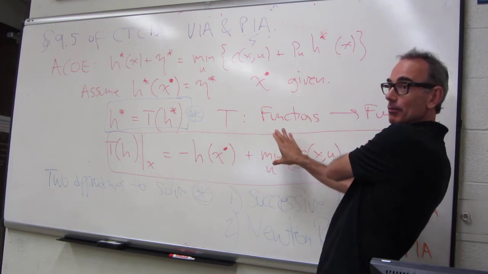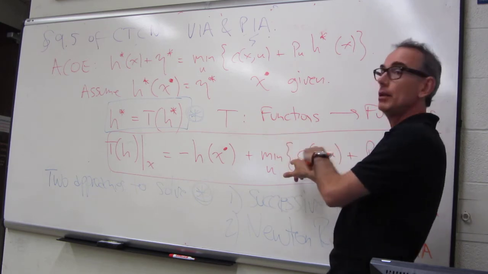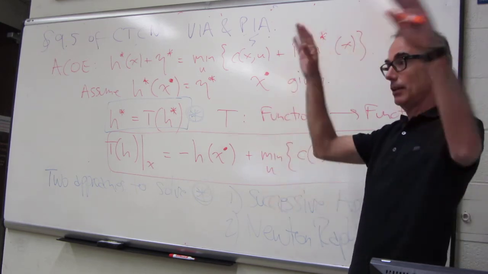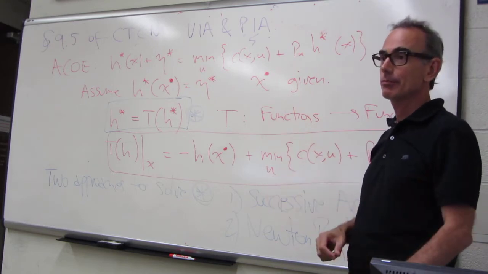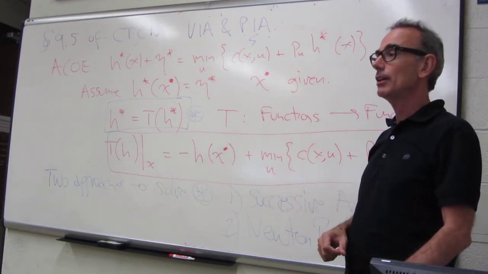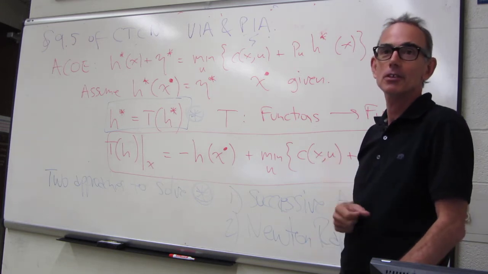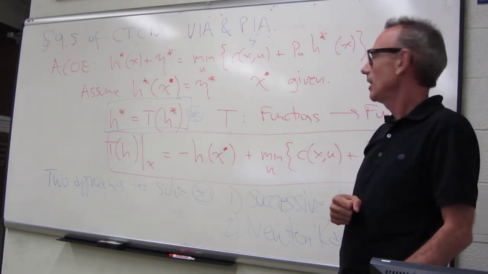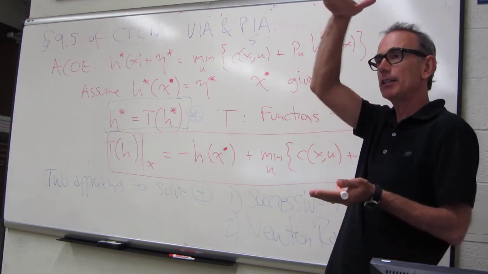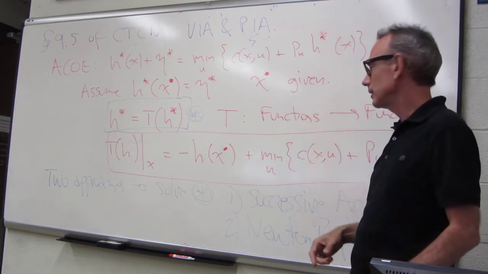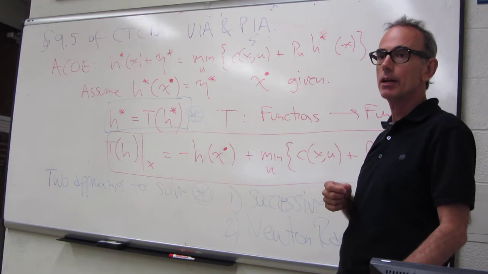It's a linear equation. And if you take the minimum of linear functions, you get something concave. So T is a really nice operator. It's a concave functional. Remember, I'm thinking of h as a vector. In a finite state space, h is just a vector, and we've got a minimum of linear functions. So it's not as bad as it looks.